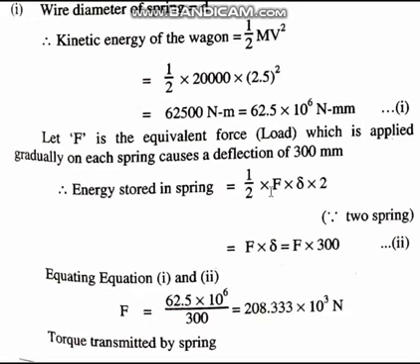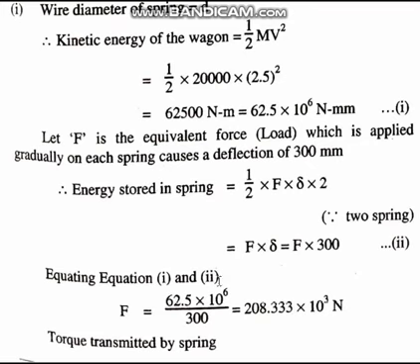Okay. So here this two gets cut. F delta will be there, and delta is 300. So this is 300 F, and you equate this kinetic energy to the energy stored in the spring. So all the kinetic energy of the wagon will be stored in these springs. So from this you can get F. You see here we have already considered 2.